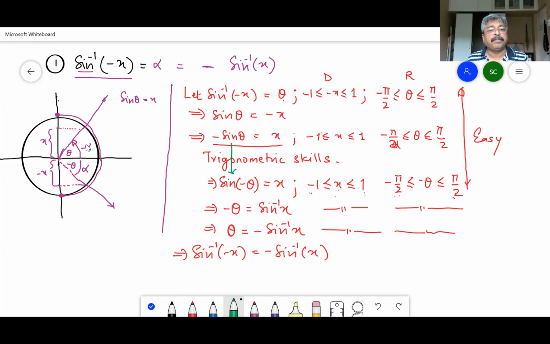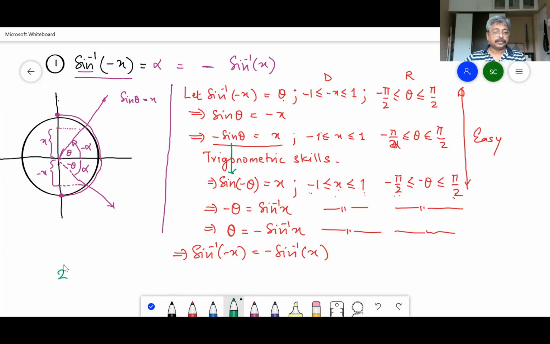So how are alpha and opposite of alpha related to each other? By a minus sign. Therefore we put a minus sign here, and these two identities are true. In case of sine it is relatively easy. Let me give you that cos problem and then explain after 3-4 minutes.